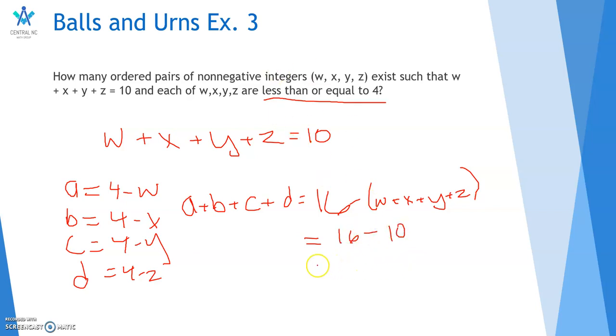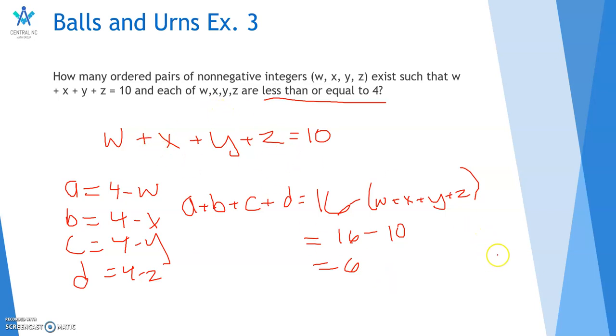And thus this is equal to 6. And it has the same exact restrictions as w, x, y, and z, that a, b, c, d must be less than or equal to 4. And we have just greatly simplified this equation. And so now we can actually consider the extraneous solutions in an easier method.